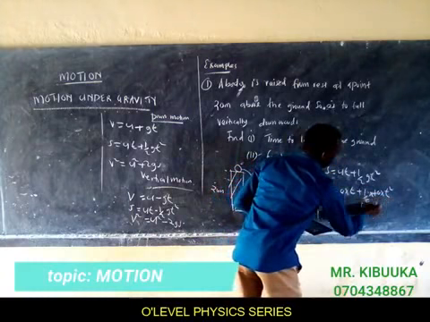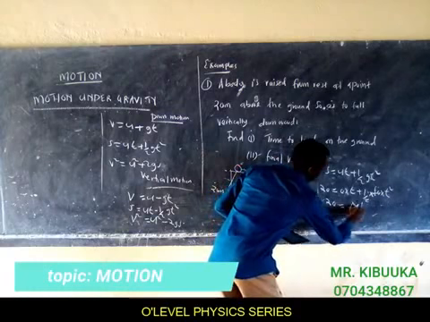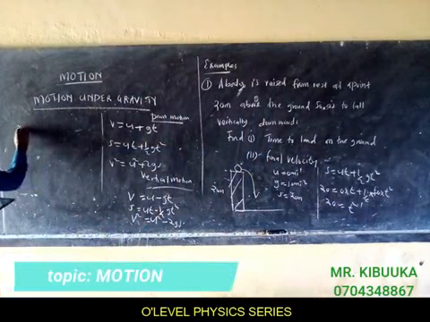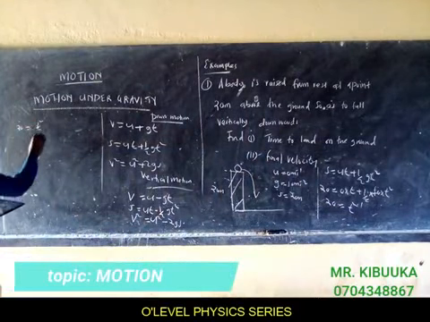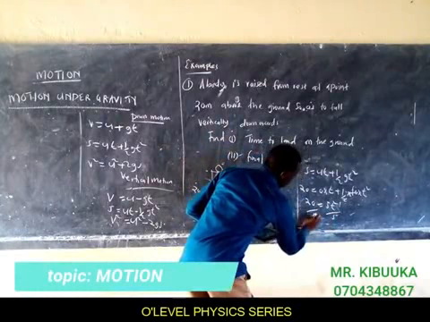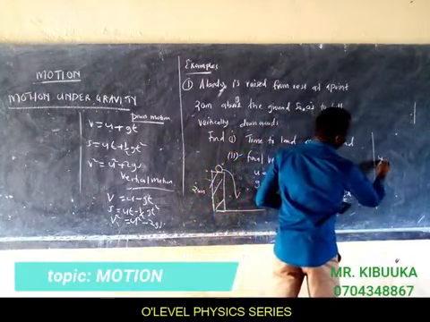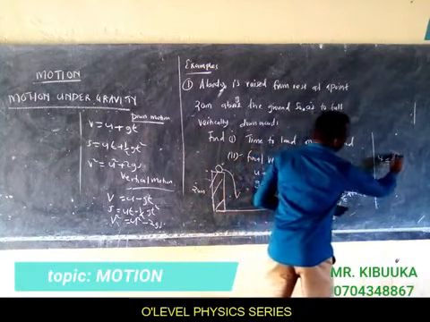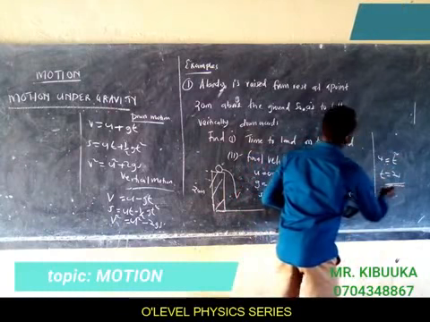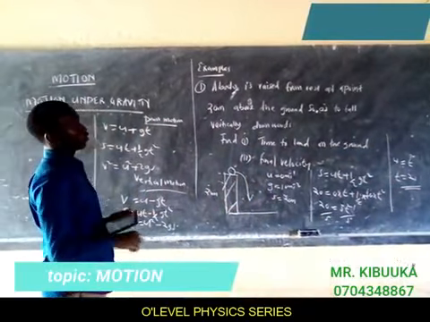Half of 10 becomes 5, leaving 20 equals 5T squared. So 20 over 5 becomes 4, equal to T squared. Take the square root: T becomes 2 seconds, meaning this body took 2 seconds to fall to the ground.